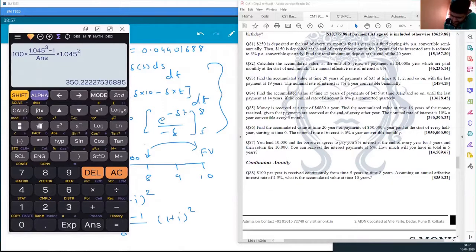We are getting 350. So future value is 350.222.